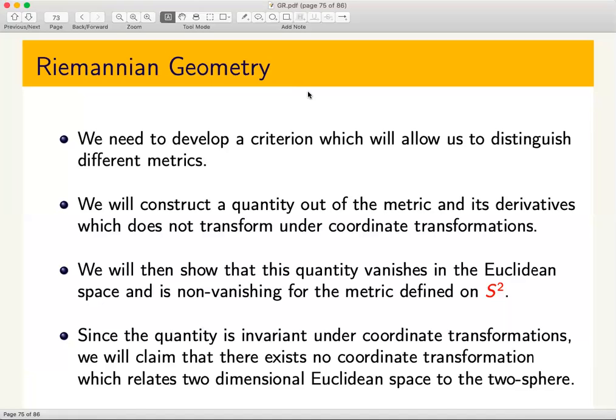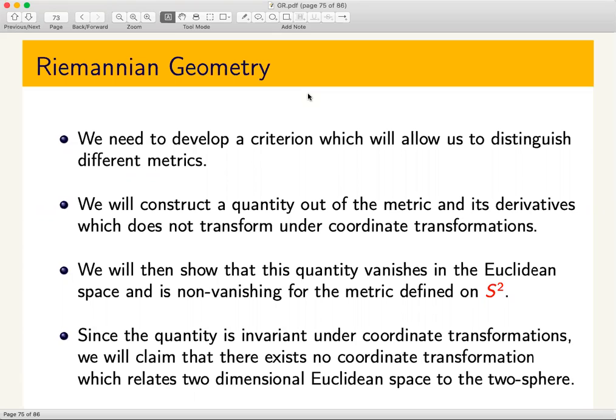There exist other aspects of spaces, like what is called topology, which does not require a notion of distance, and therefore no notion of metric is required. But if you are studying geometry, then you need to define a notion of distance, and that is the reason why the metric would determine all the geometric quantities.